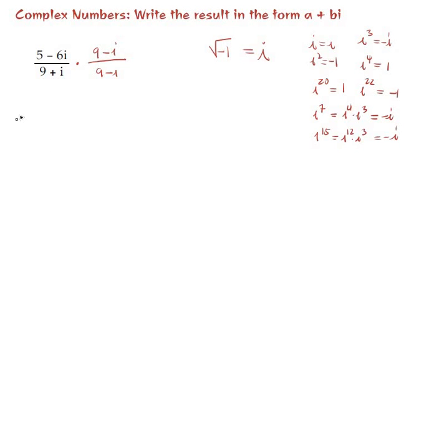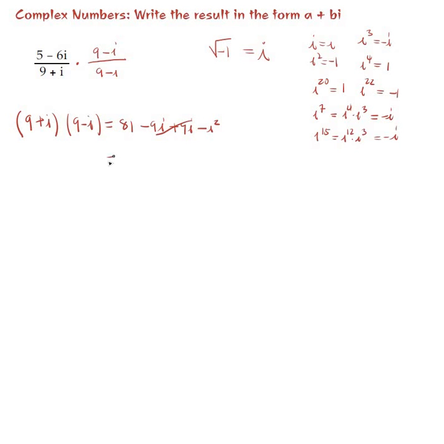You don't believe me? Let's do it. 9 plus i times 9 minus i. Then we apply FOIL. 9 times 9 is 81. 9 times -i is -9i. i times 9 is +9i. i times -i is minus i squared. And look, these two cancel.